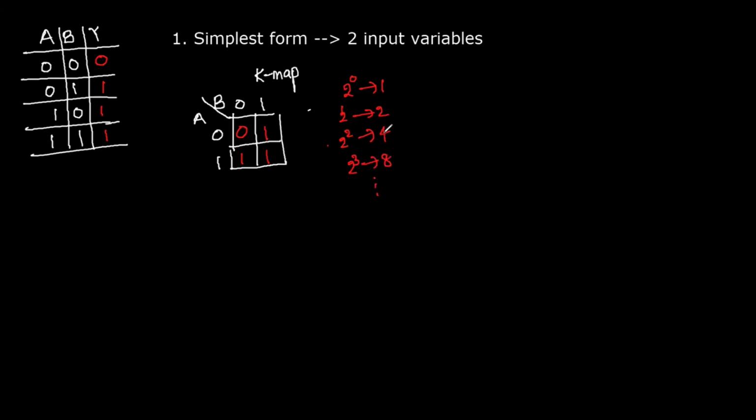So this is the number of ones that you can group in your K-map. Following exactly this, let's actually move on to the grouping.